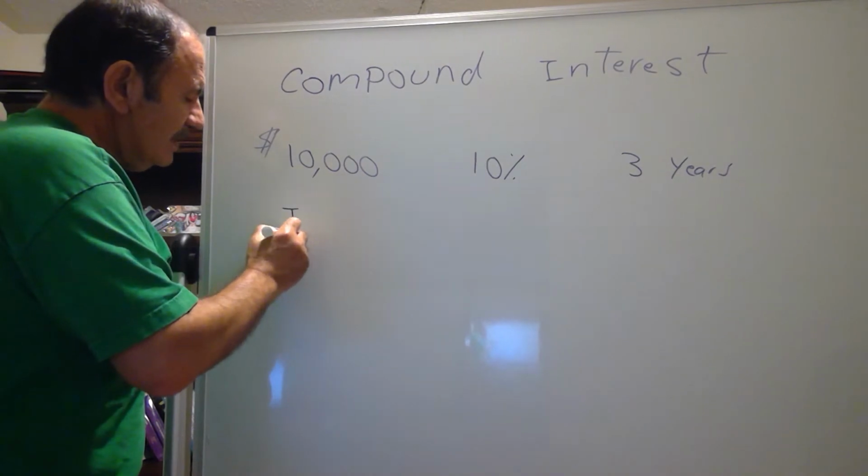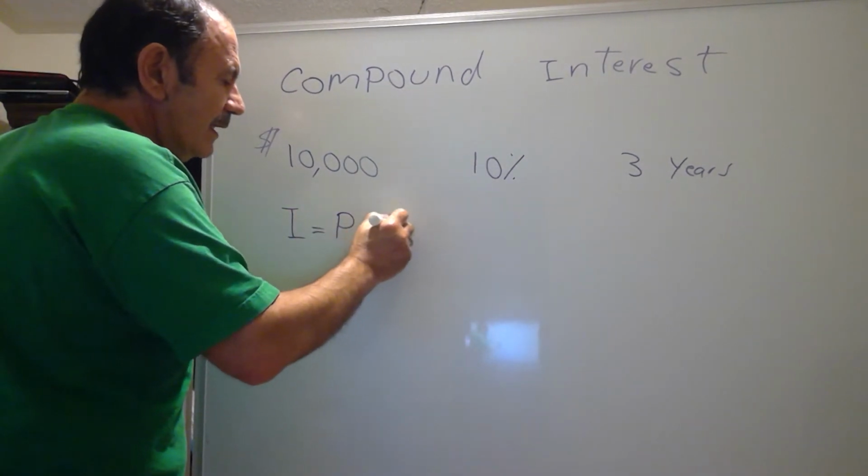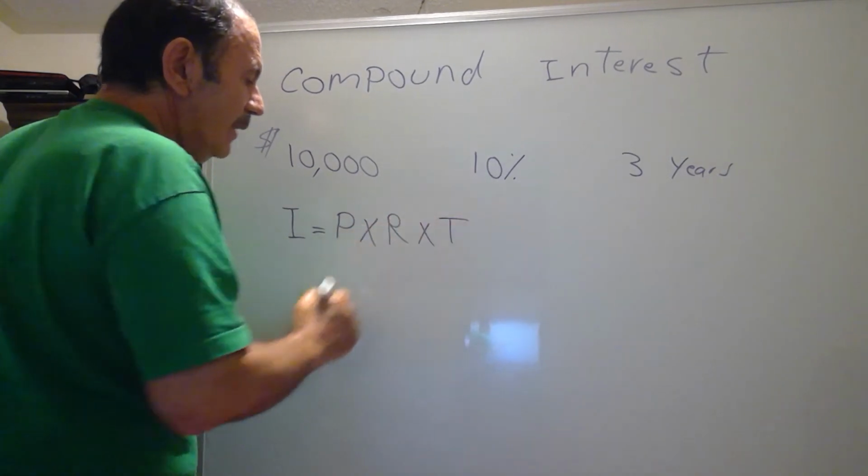The amount of interest is gonna be principal multiplied by rate multiplied by time in years.